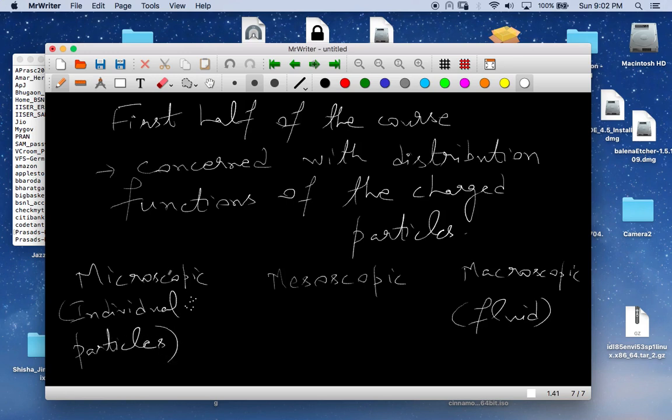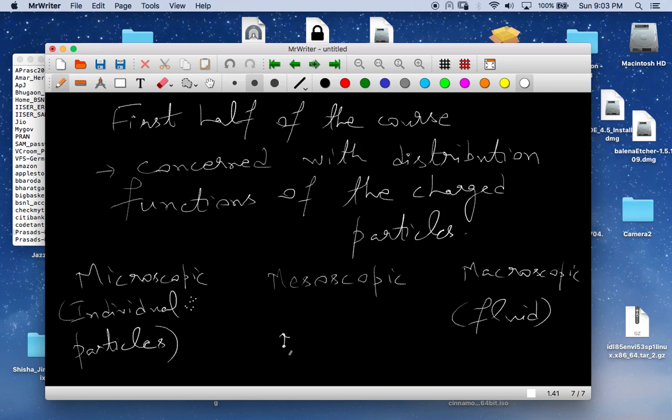A microscopic description would be one in which you are writing down the equation of motion for each individual particle. You're trying to figure out the force on it, and you're trying to write down the equation F equals ma, for instance, for each individual particle. While that would obviously be the most accurate description, that's a computationally very, very intensive process.